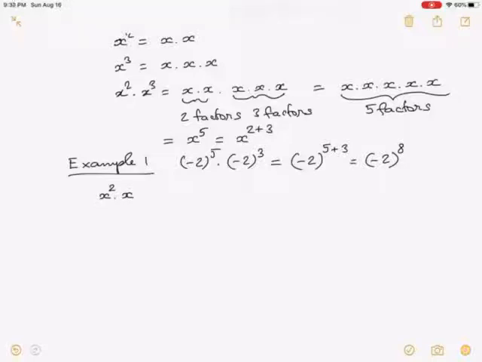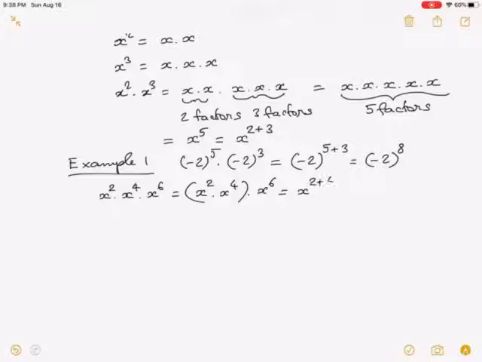Next, x squared times x to the power 4 times x to the power 6. It is x to the power 2 times x to the power 4 times x to the power 6.